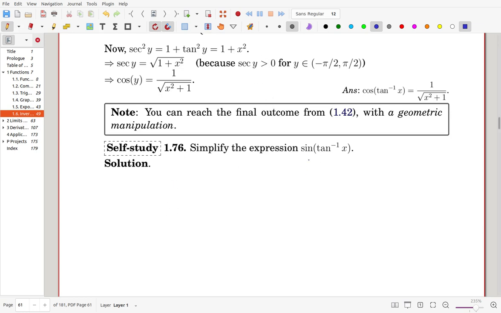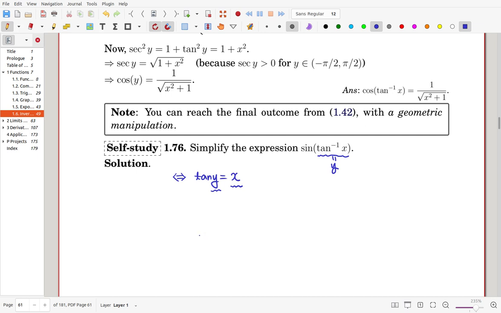The same way, let's introduce y for this term. Then tangent y equals x. This is the angle, and this is the slope. So let's try to make a geometric expression for that.